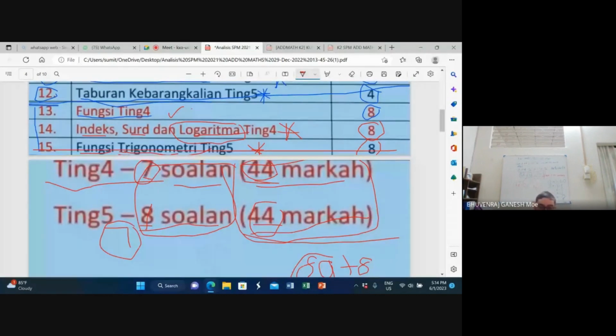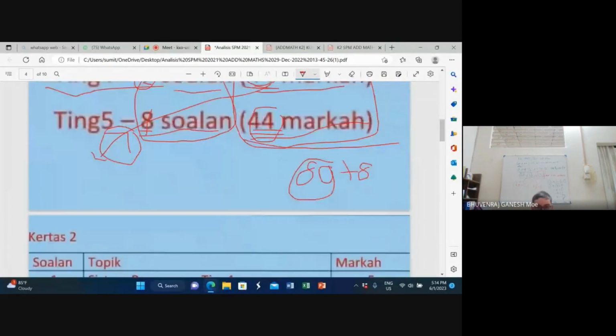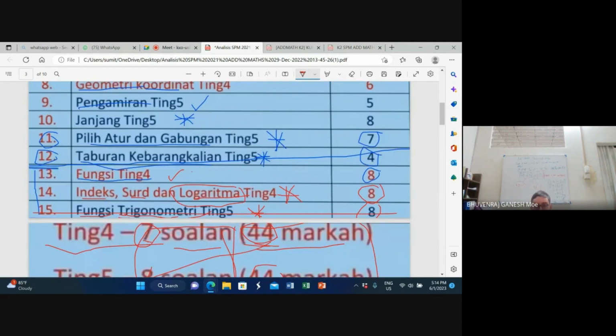You see here, the marks are the same also. So you cannot only focus on Form 4. If you only focus on Form 4 and get full marks, that's 44, all of it you cover. Or if you cover only Form 5, you still get 44 also. But if you minus the 8 marks, you only get 36.